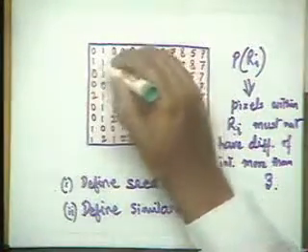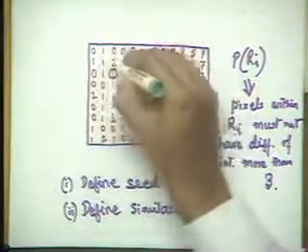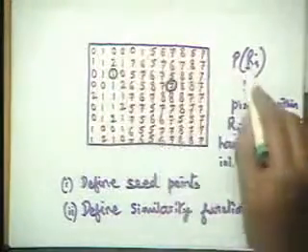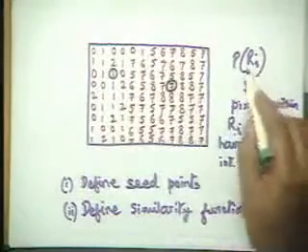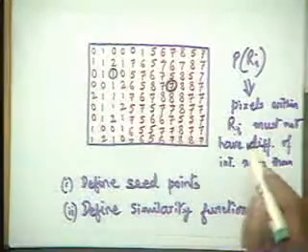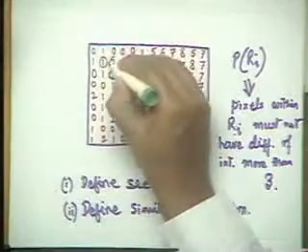Now I start with this seed and examine its neighbors. I find that all the neighbors fulfill the property P of Ri, that is, their pixel intensities do not exceed a difference of 3. So I club all of them together.